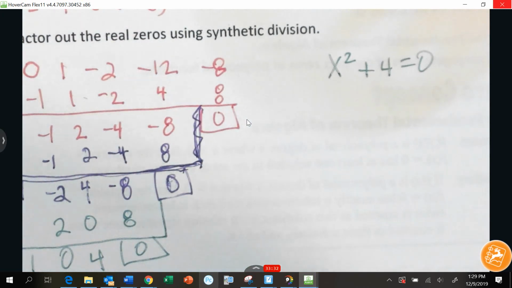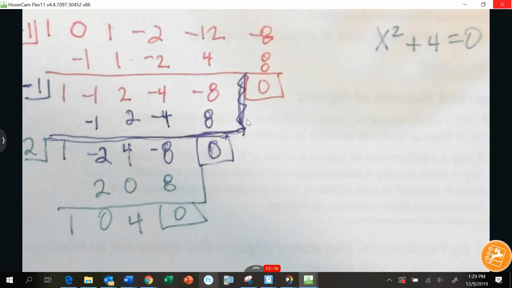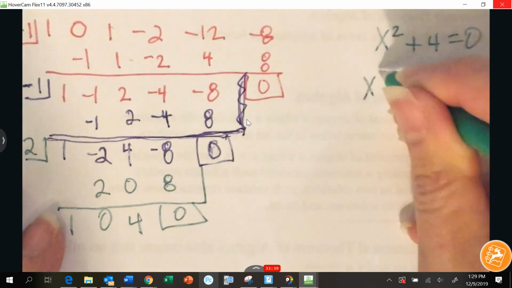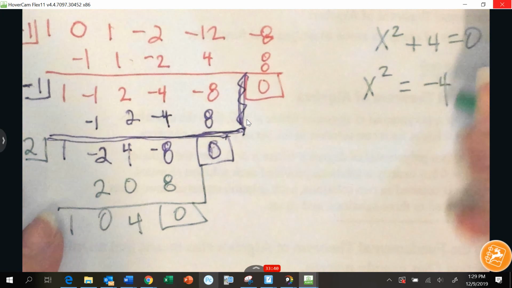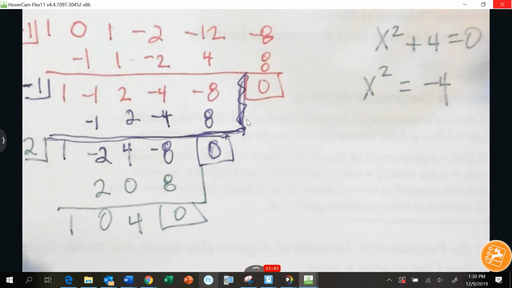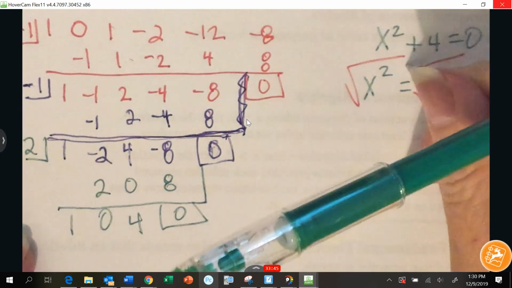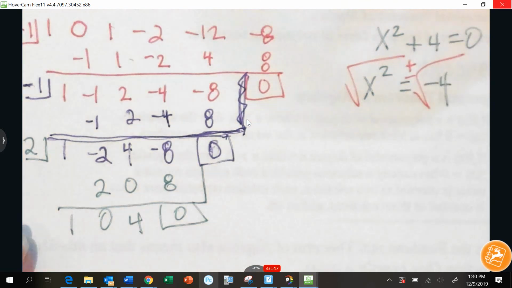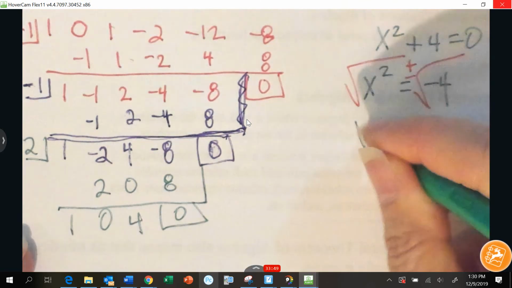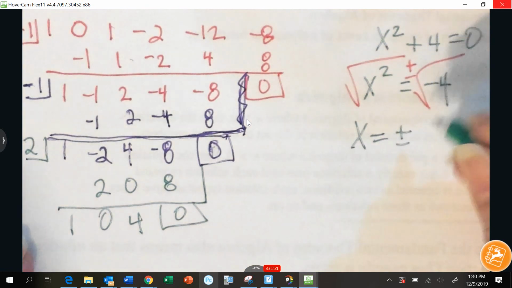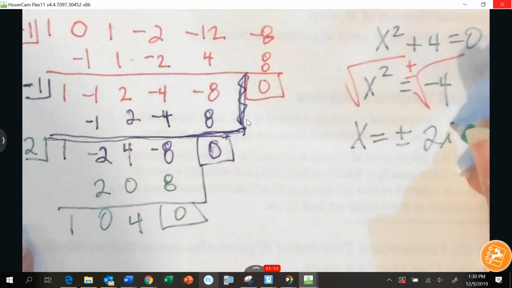Can you just subtract the 4? Yeah, that's square roots. x squared equals -4, and then square root both sides, plus minus. We can have a negative, you just have to call it i, so I get plus minus 2i.